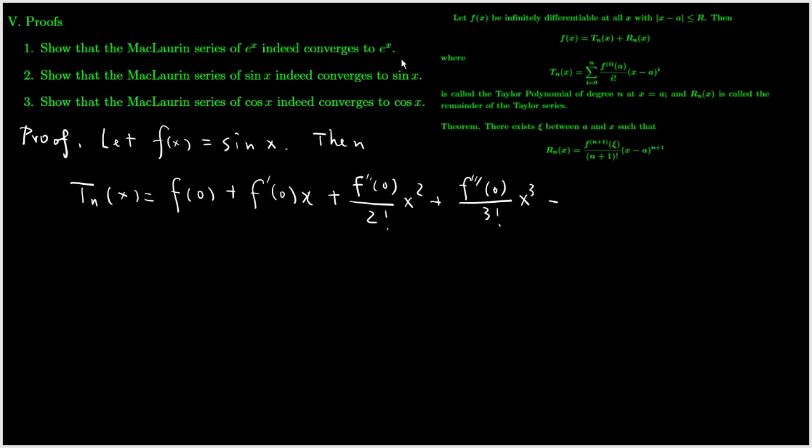You keep on going until you have term n. I call that term 0, term 1, term 2, term 3 until you have term n. Term n is in the form of nth derivative of the function at 0 over n factorial times x to the power of n. You see that's indeed a polynomial of degree n.